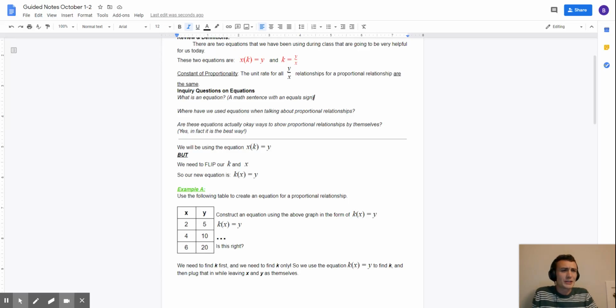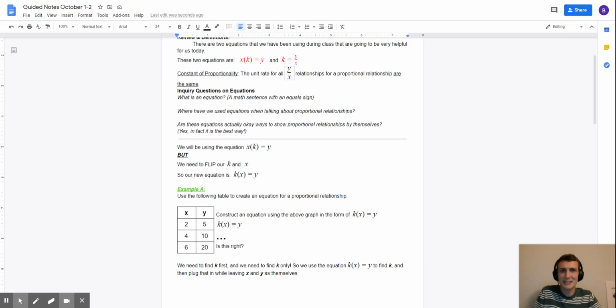What is an equation? An equation, as I have here, which you guys won't be able to see, is a math sentence with an equal sign. That is exactly what an equation is, a math sentence with an equal sign. So this up here is an equation. This is not an equation.